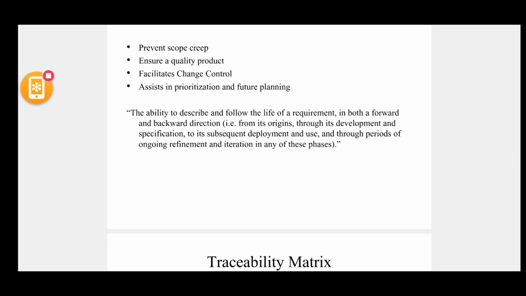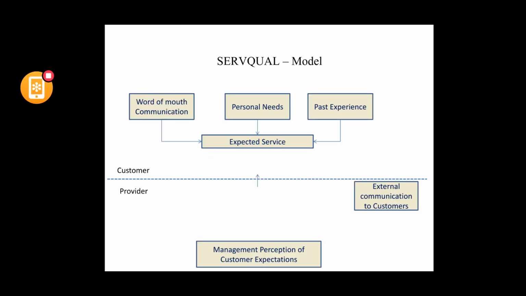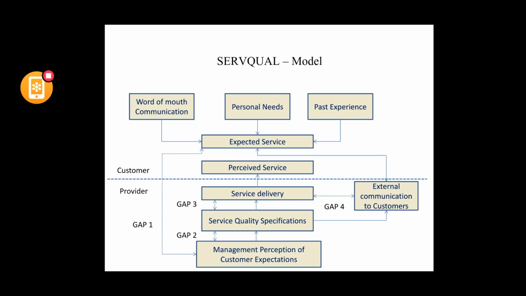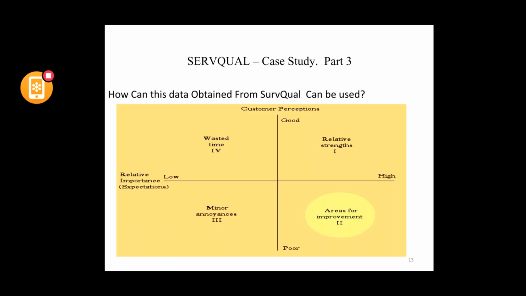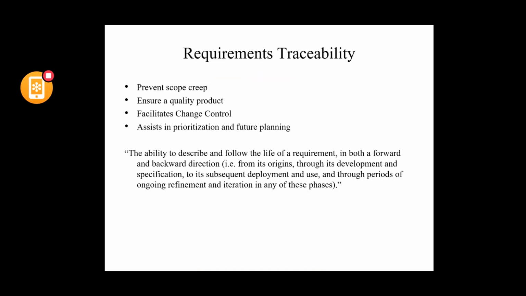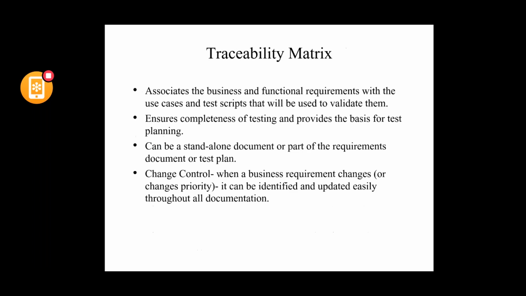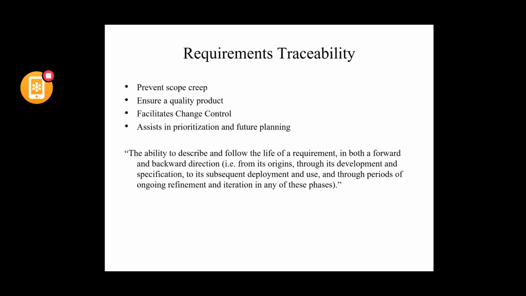So basically, the traceability is all about the ability to describe and follow the life of a requirement in both forward and backward direction, from its origin through its development and specification, and through the periods of ongoing refinement and iteration of any of these phases. So we maintain the traceability of the things.